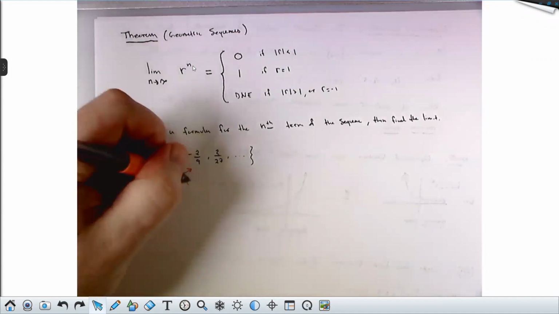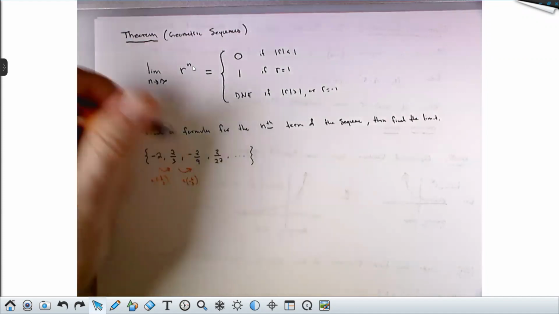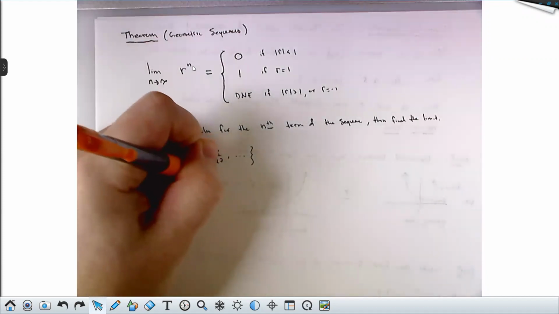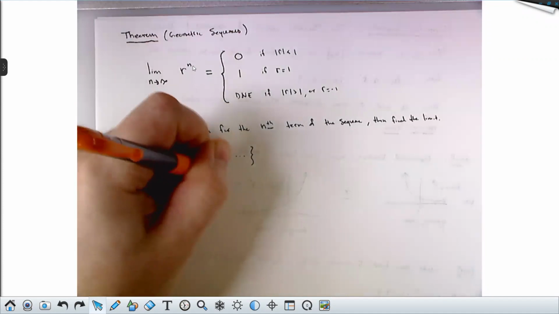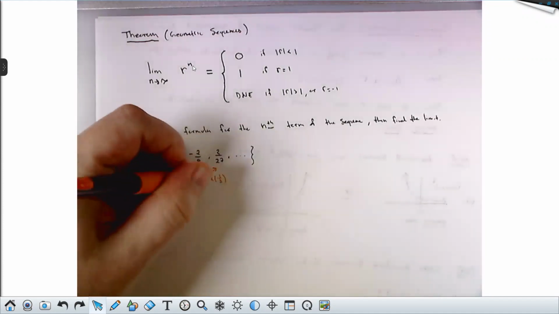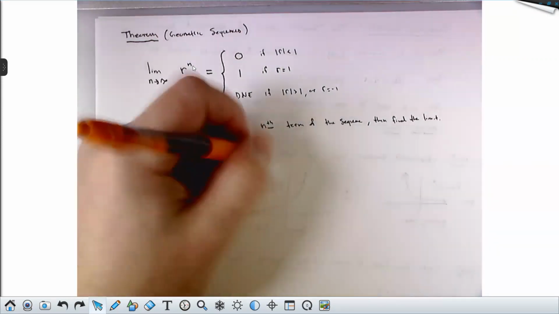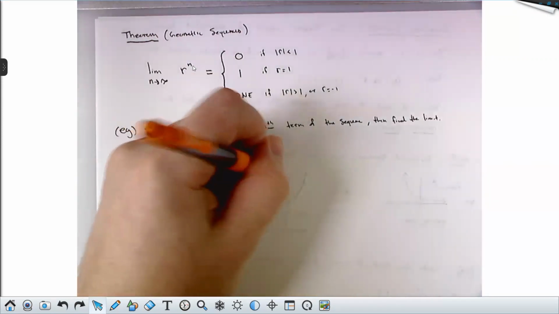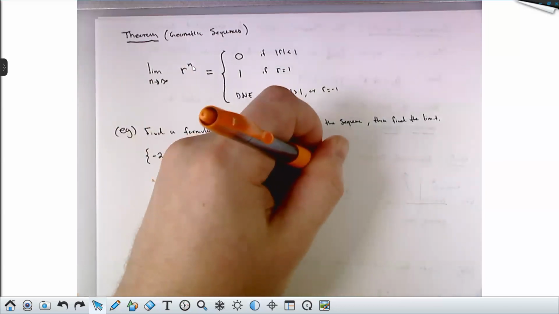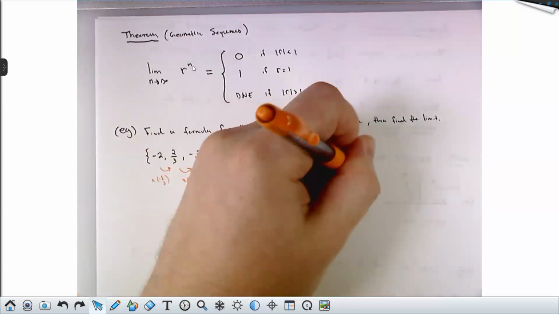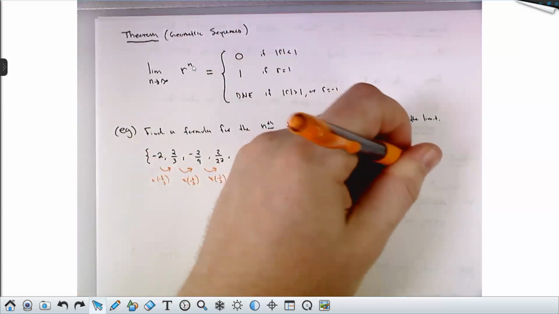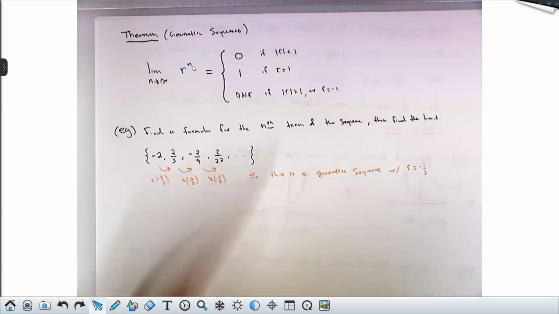Same thing, -1/3, and so on. So what's the common ratio for this geometric sequence? -1/3. So this is a geometric sequence with r equal to -1/3.